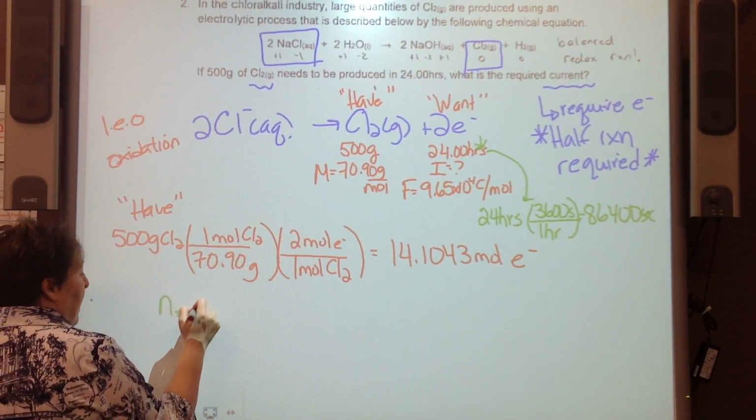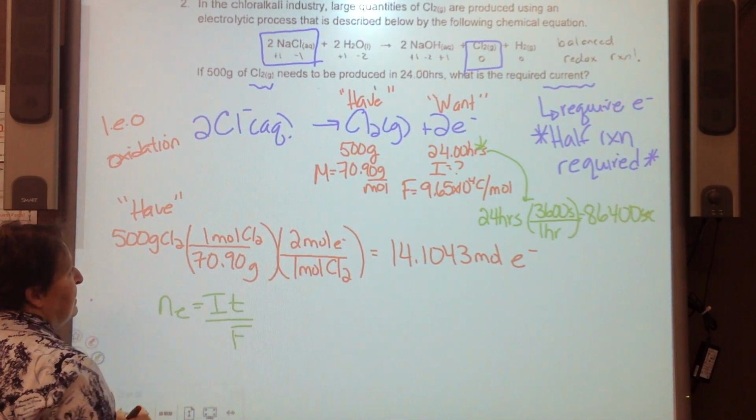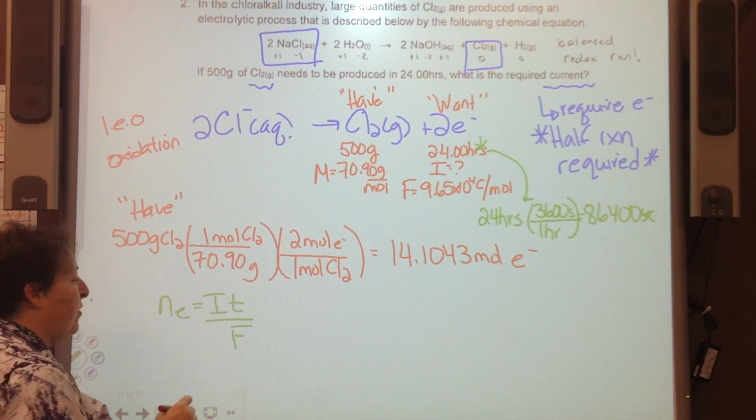So n electrons equals I t over F. It's asking us what current is required.